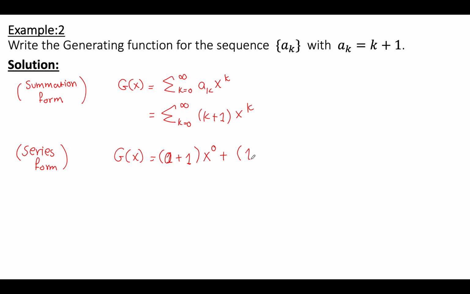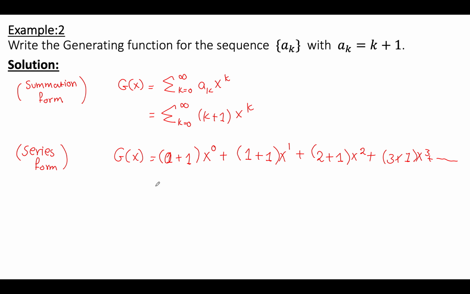When k is equal to 1, then 1 plus 1, x to the power 1, plus 2 plus 1, x to the power 2, plus 3 plus 1, multiplied by x to the power 3, and we keep going infinitely.